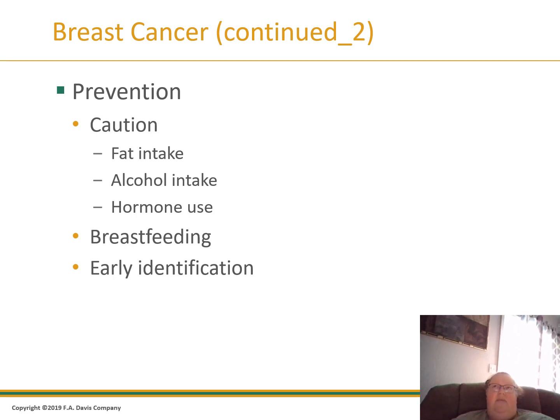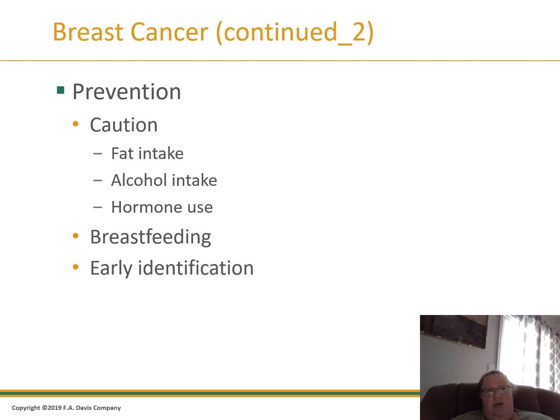There's now a way they can pick up the gene. If they do gene testing on you, they can find the gene that causes breast cancer and just completely take your breasts off. That happened to two of my family members.